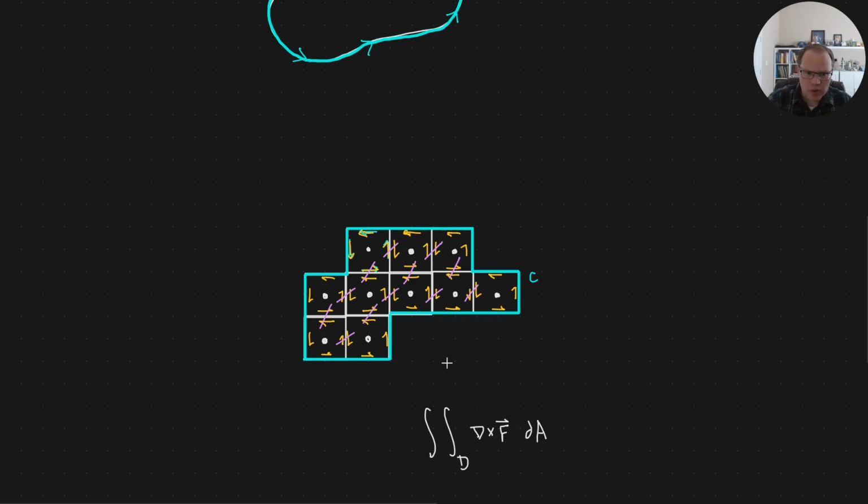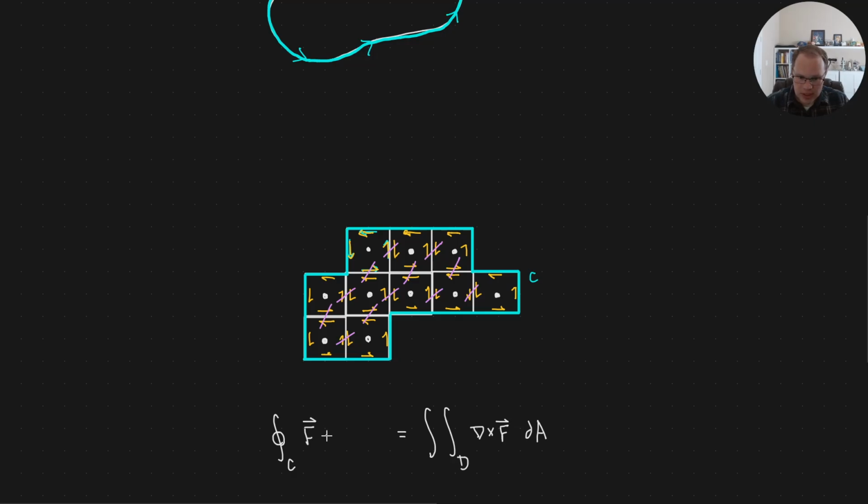If we cancel all those, what are we left with? Well, we would only be left with the circulation measured on the edges that aren't adjacent to another square, another box. Those on the boundary. So that's just how much the vector field is flowing along the boundary. Okay, which is exactly the circulation along the boundary, the circulation along that outer edge C. That's all that remains.